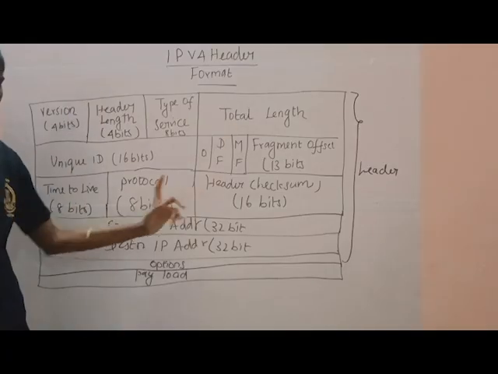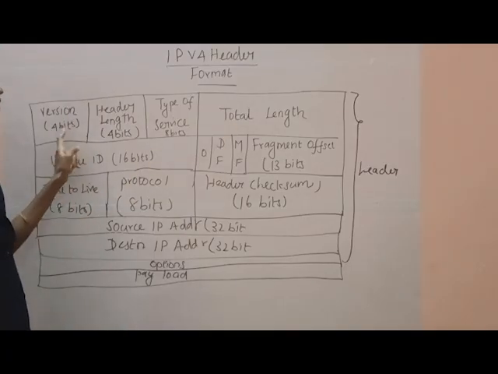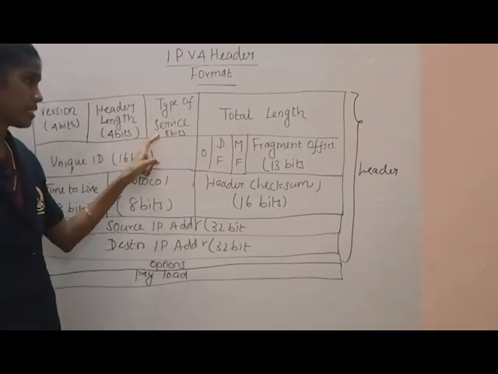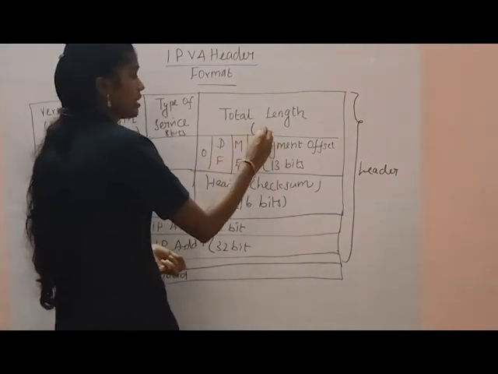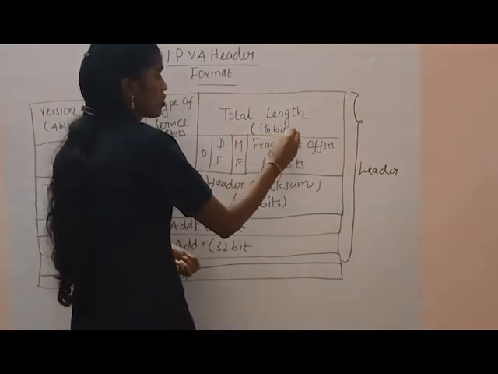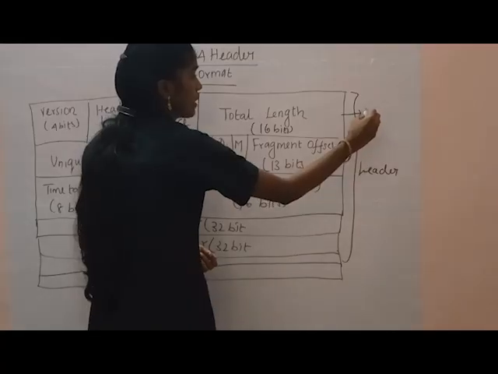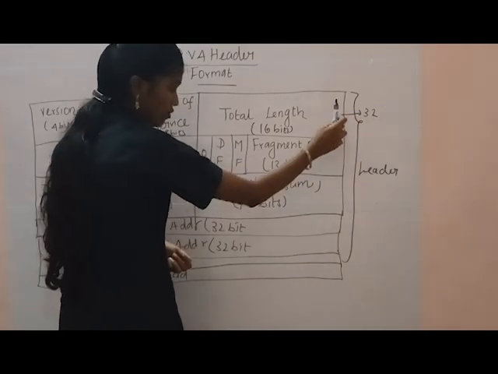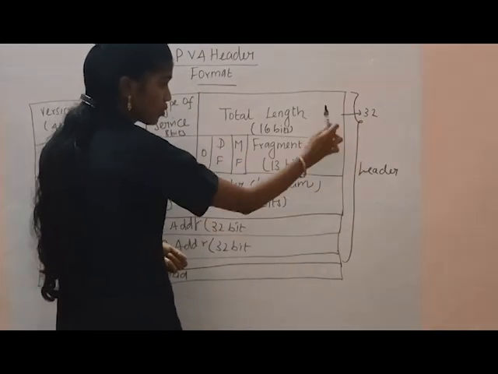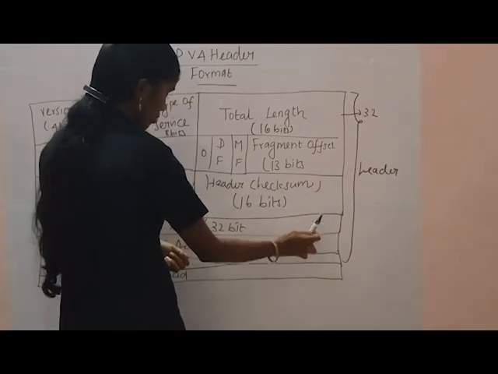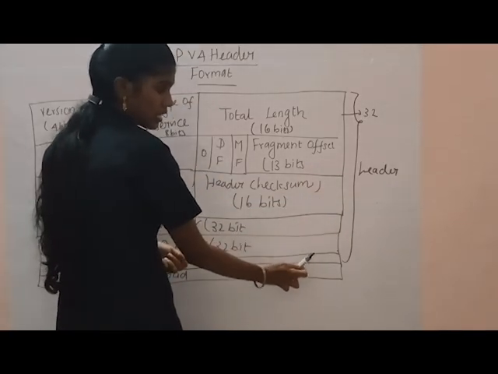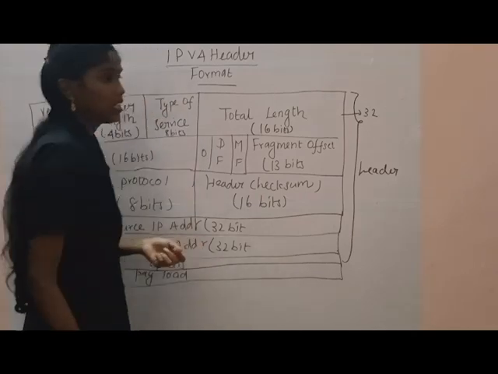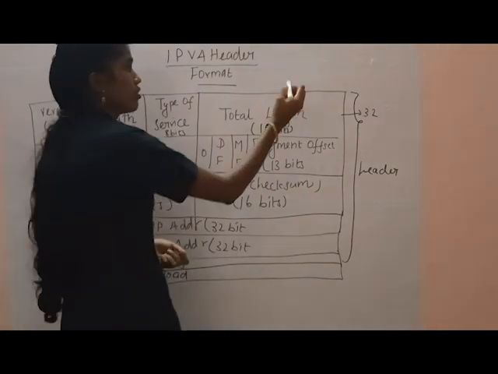The next one, header length. What is the header length? Header length is calculated from this entire portion. What is this? 4 bits, 4 bits, 8 bits, 16 bits. And again, here this is 16 bits. So each row occupies 32 bits. Likewise, you will be having 5 rows: 1, 2, 3, 4, 5. This is optional.